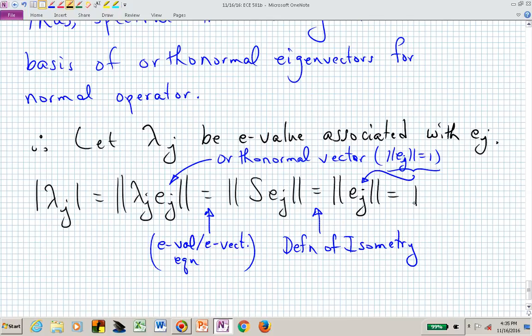That's just 1, and now we can compare the extremes on this equality. Now we know the absolute value of lambda sub j is equal to 1. And that's true for all j. And that's what we were setting out to show in terms of this theorem.